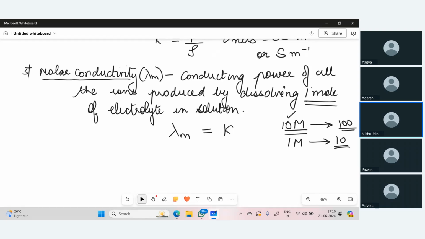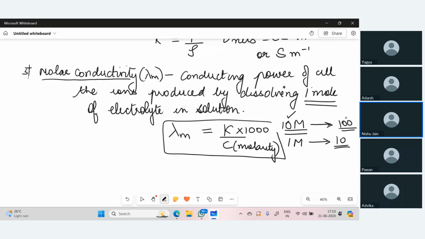So the total conductivity is kappa. When you are calculating for 1 mole, we will divide the kappa with the total concentration. Kappa by C, kappa is total conductivity. When you divide the conductivity with the concentration, it will give you the conductivity of 1 molar solution. And this thing is multiplied with 1000 factor. Why is it multiplied with 1000 factor?